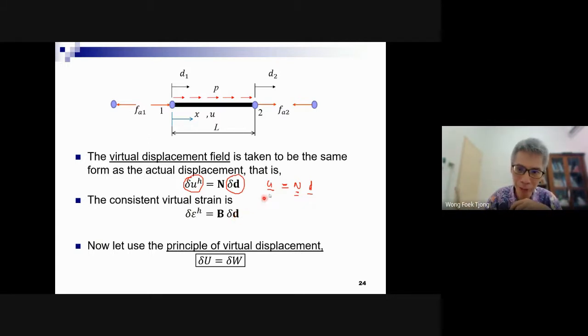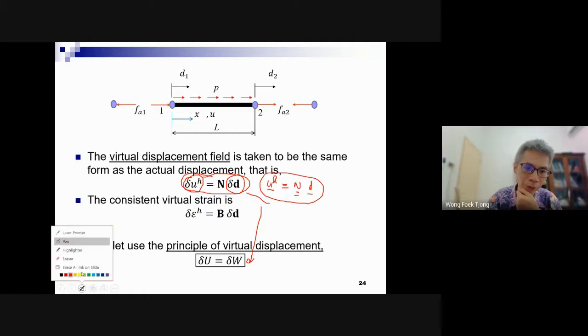Actually, this is the approximate displacement, U h, right? Once we define this and this, we are really ready to formulate the finite element. Just plug all of this into the virtual displacement equation.